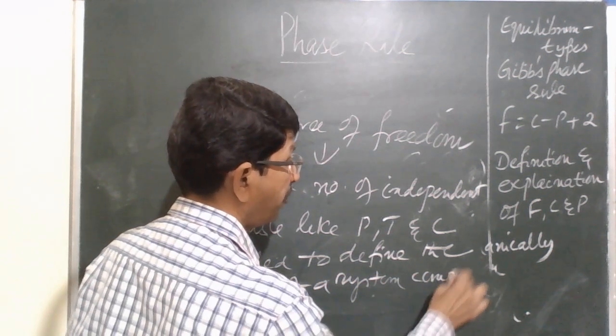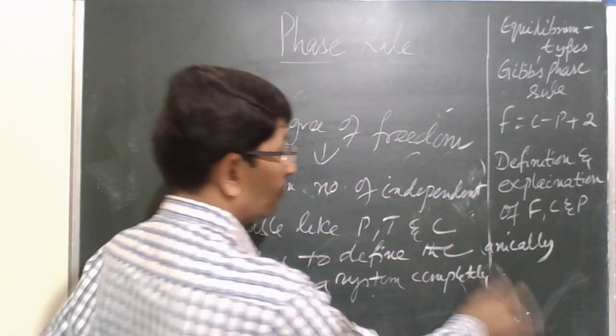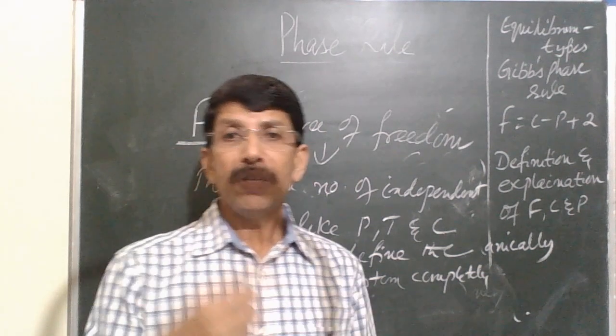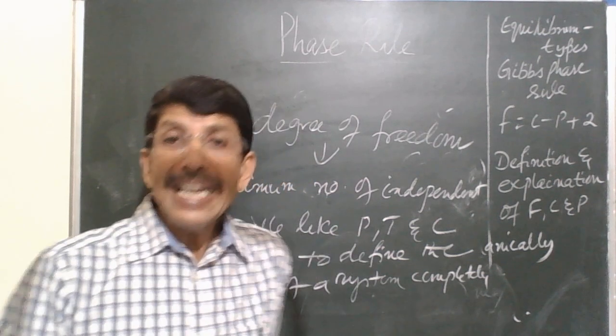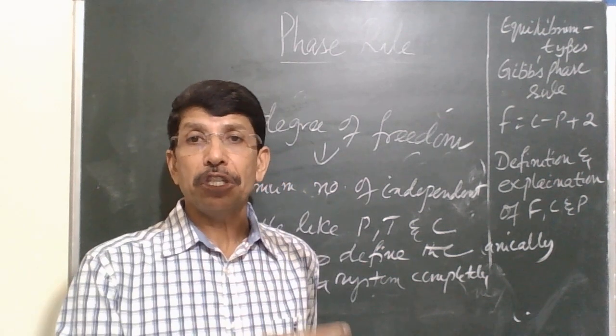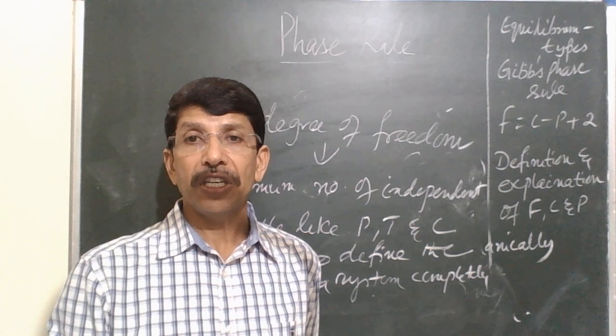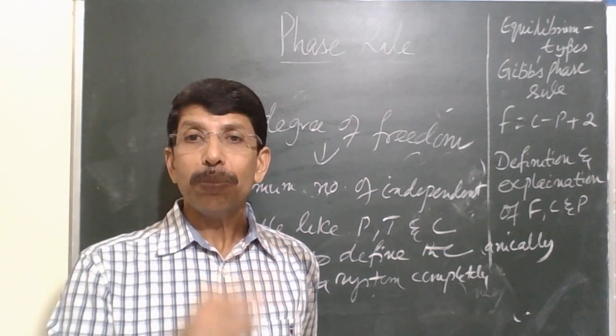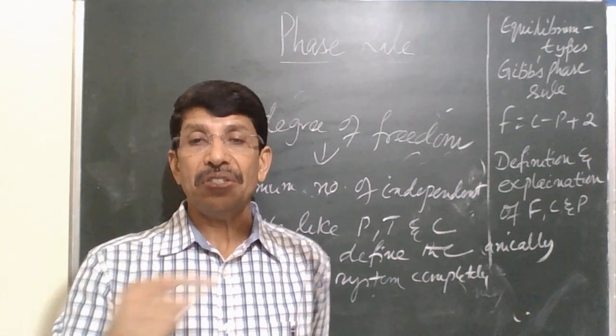This is the definition of degree of freedom. So it's the minimum number of independent variables like pressure, temperature, concentration needed to define completely the state of a system.